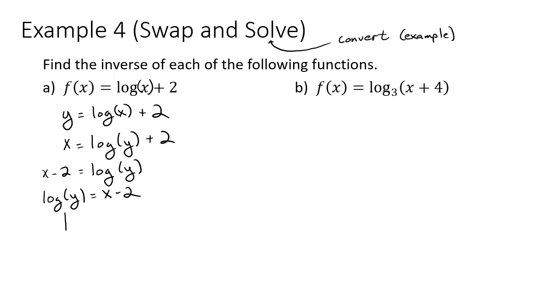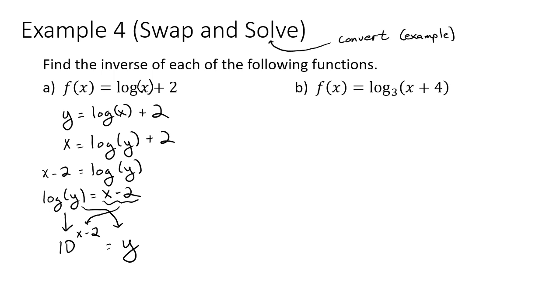This is entirely optional. You could convert it when it's on the other side. But just like before, I'm going to bring down the base, which is implied to be 10 in this case, because it's a common log. Everything on the other side of the equal sign comes over and becomes the exponent. And the stuff inside of the logarithm, which is just y this time around, moves over to the other side of the equation.